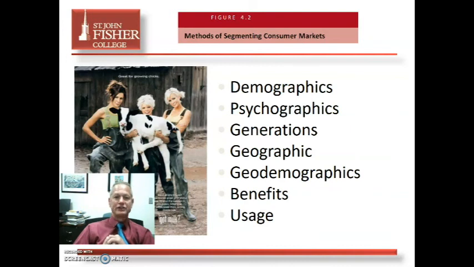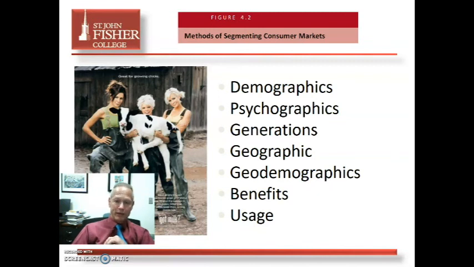I don't look at generational segmentation as a segmentation in its own right. I think generational segmentation is part of demographic segmentation and psychographic segmentation. So when I ask you how many methods of segmentation there are, instead of saying 7, you should say 6. It's demographic, psychographic, geographic, geodemographic, benefits, and usage.